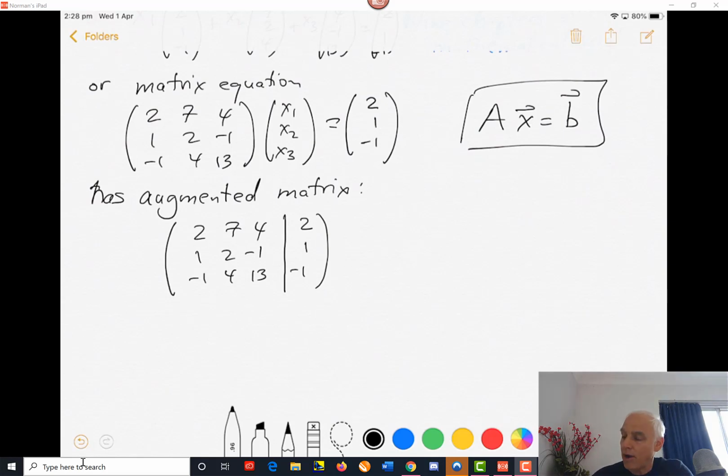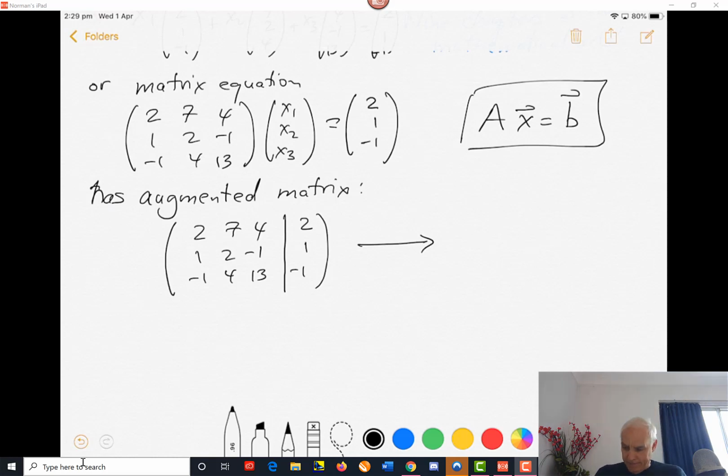We're going to create a series of steps, indicated with arrows. We're going to move from one augmented matrix to another, hopefully moving towards a simpler and simpler form. Eventually, the augmented matrix will be so simple that we'll be able to read off what the solutions are pretty easily. That's the aim.